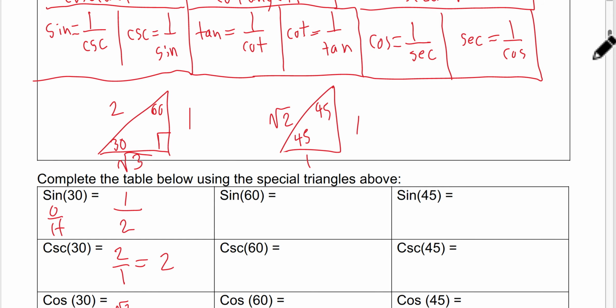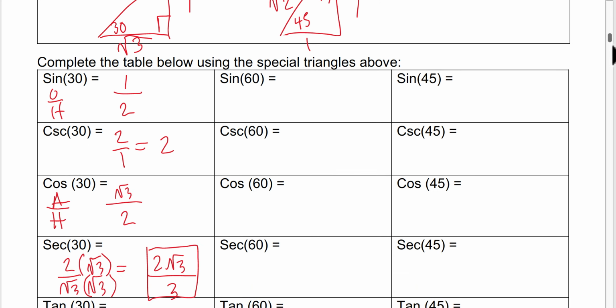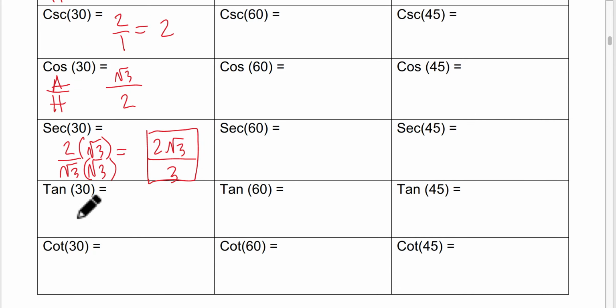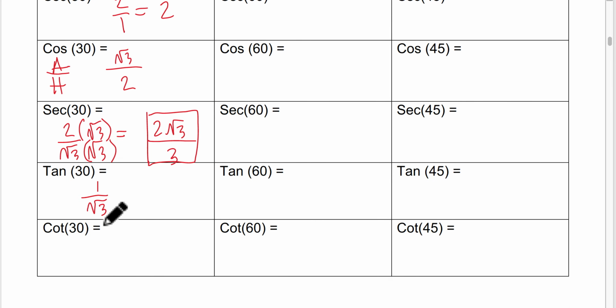Tangent of 30. Well, tangent is going to be opposite over adjacent, so that's going to be 1 over radical 3. Once I get my 1 over radical 3, which is opposite over adjacent, I realize that I need to rationalize this denominator. I'm going to multiply by radical 3 on the bottom and on the top.